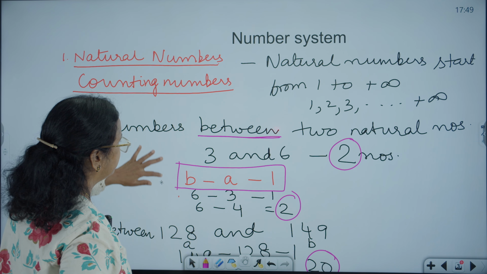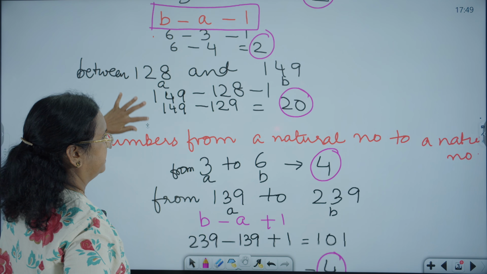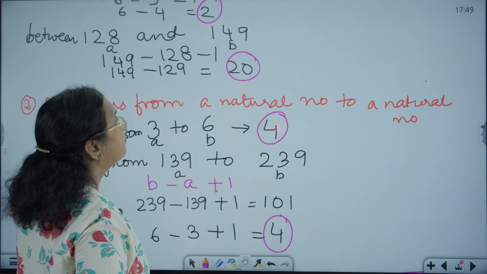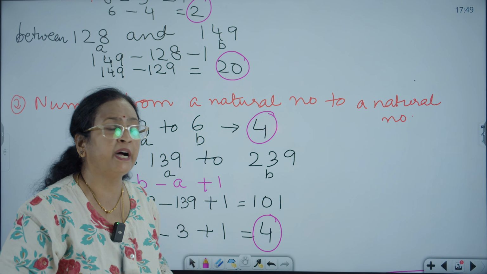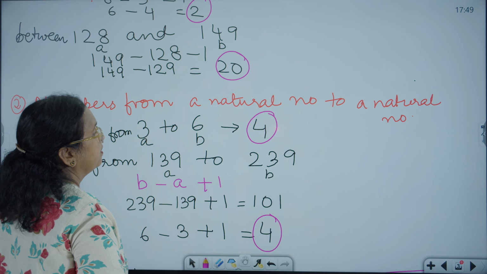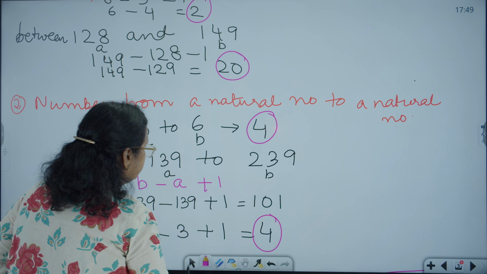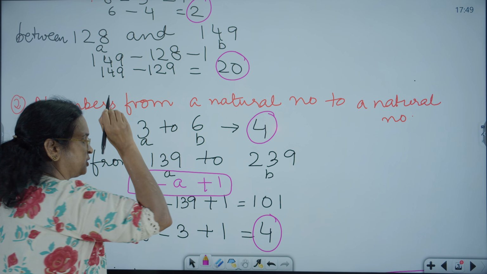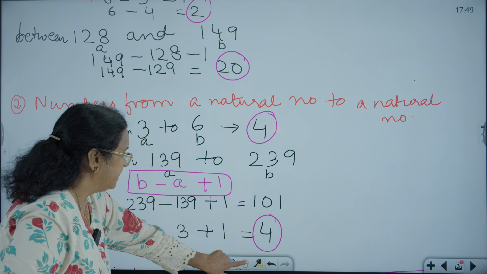Now, coming to the second, we learnt number of natural numbers from a natural number to a natural number. Now, what is the formula? What formula did I use? B minus A plus 1, isn't it?